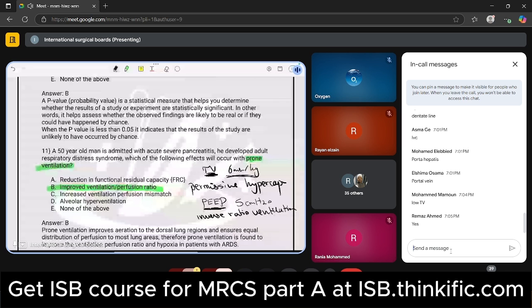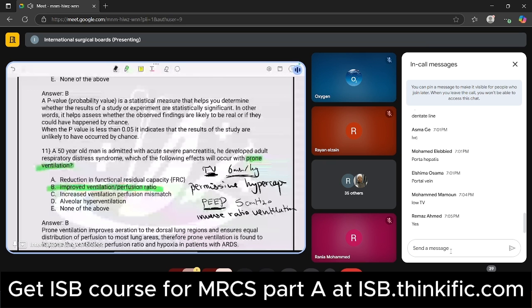Of course, normally expiration is longer than inspiration. Inverse ratio ventilation means that on the mechanical ventilator setting, we set inspiration to be longer than expiration.